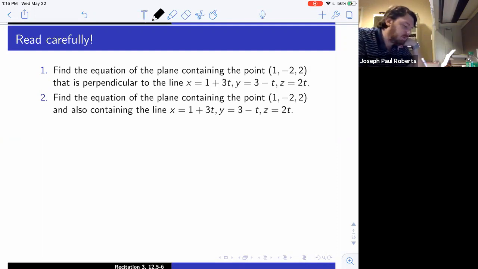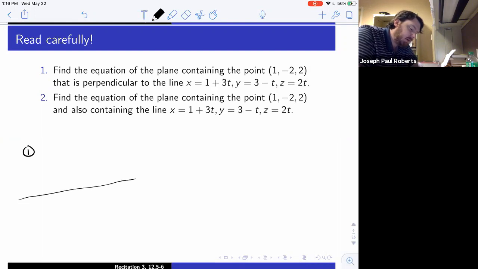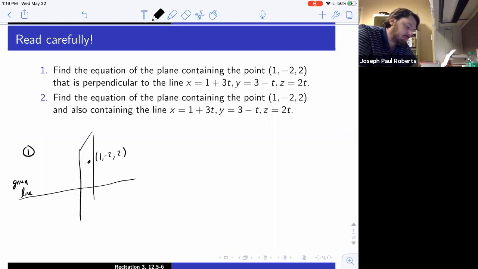In the first example, we're looking for the plane that's perpendicular to that given line. So we have this line, it's given. We have some point, 1, -2, 2. And we want the plane that's perpendicular to this line and containing this point.